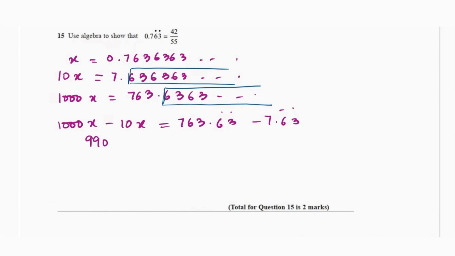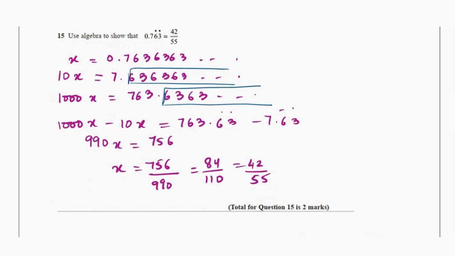That's 990x equals 756. X is going to be 756 divided by 990. Let's simplify this. Both come in the 9 times table, so it's 84 over 110. Now both come in the 2 times table, which is 42 over 55. That is exactly the same as shown in the question, so this is your answer.